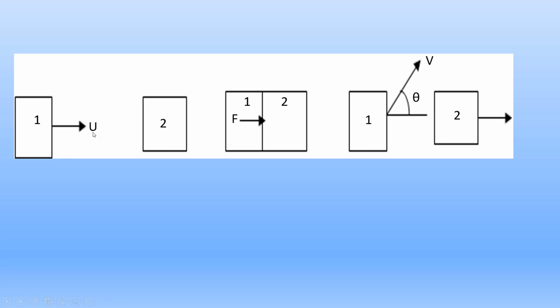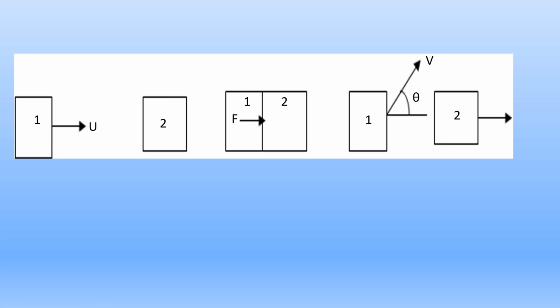Since u is horizontal, in the direction of force F, the initial linear momentum mu is also in the direction of force F. Coming to the final linear momentum, the final linear momentum of this first body is mass m into final velocity v.